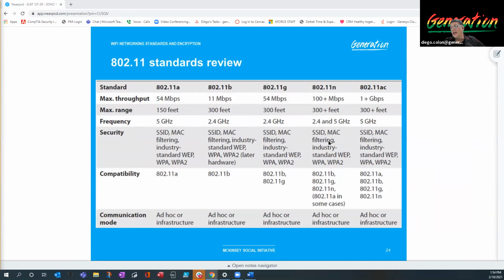Key thing, though, is that in the majority of cases, at least in the new ones, it may be able to talk to A, especially if it has the 5 gigahertz and is one of the newest ones, but it wasn't, because it was mainly only backwards compatible through to G and B. But obviously, since it has the 2.4 and the 5 gigahertz, the majority of them nowadays, the last ones that I saw, the ones that cost more, are in some cases compatible with A. It can talk with it.